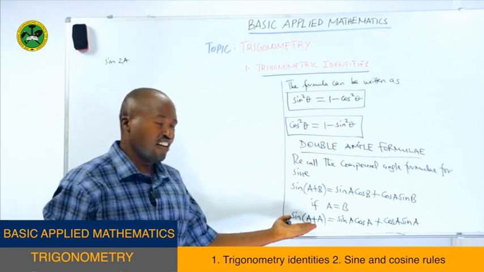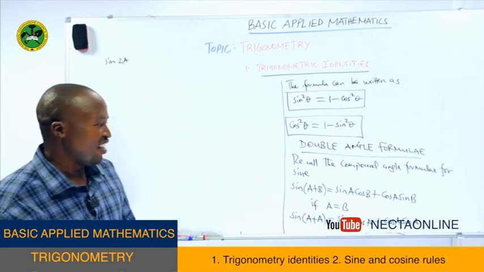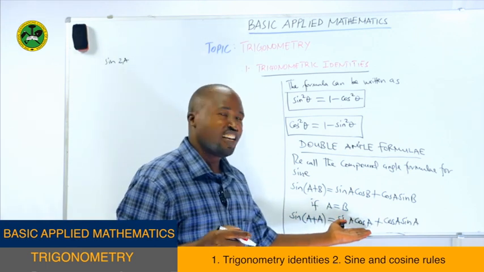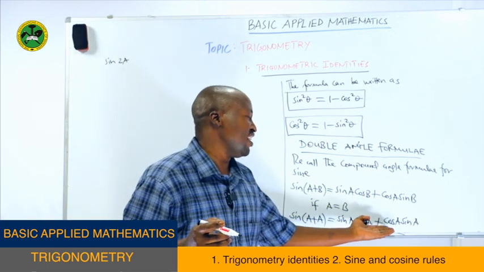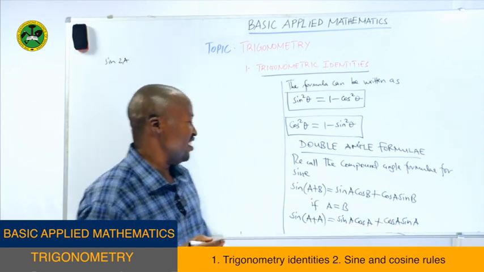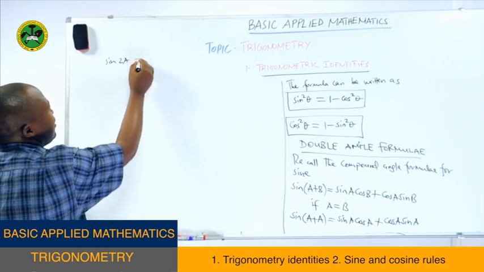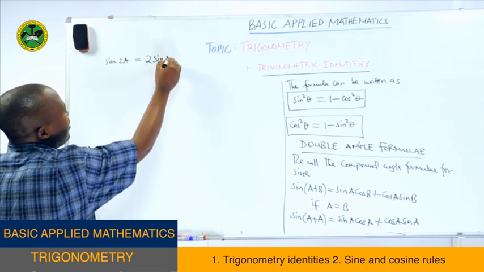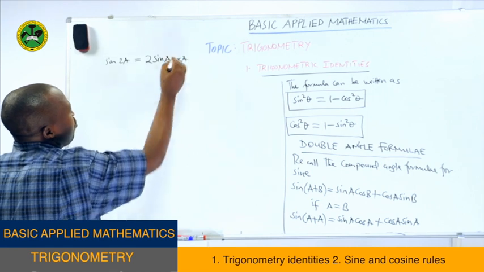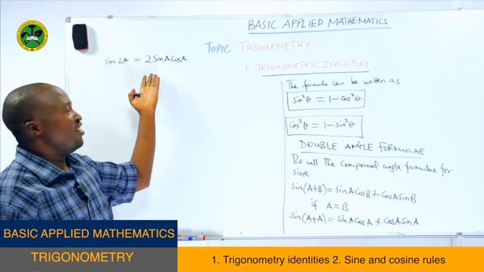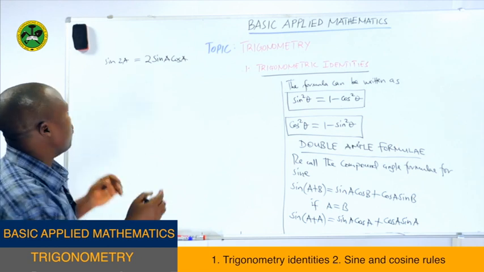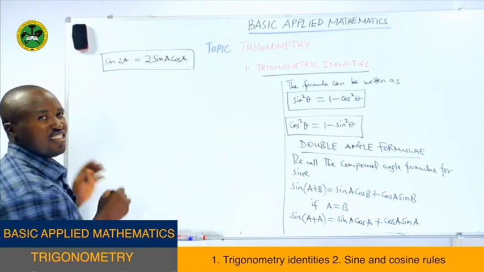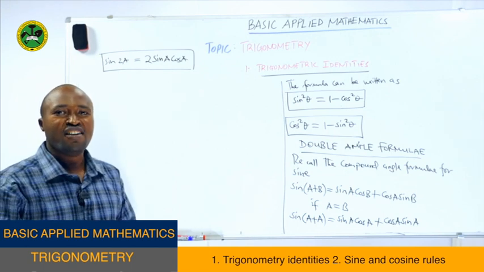And again, if you look very carefully, sine A cos A is the same as cos A sine A. So we just write this is equal to 2 sine A cos A. So this is another identity formula we call the double angle formula for sine.